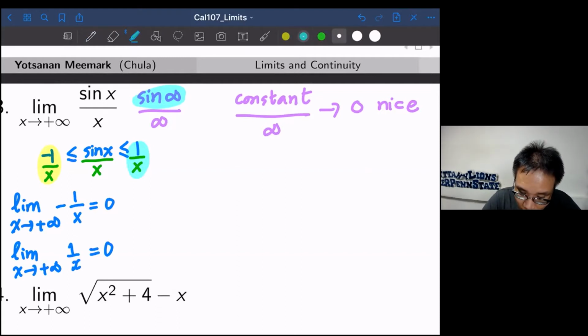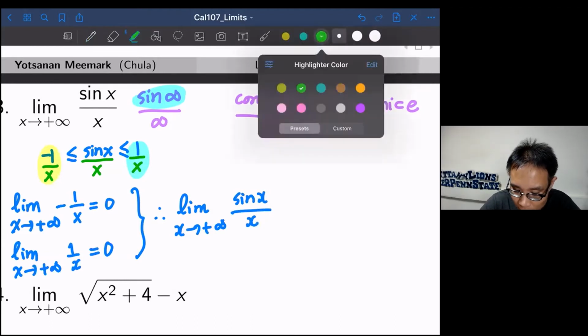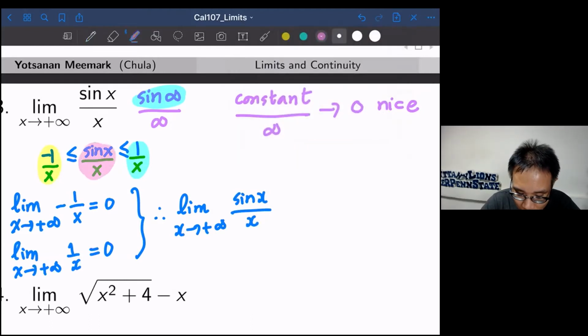So in this case, you are able to conclude the limit of the middle function, the limit as x goes to positive infinity of sine x over x, the pink one, is equal to 0 by the squeeze theorem.